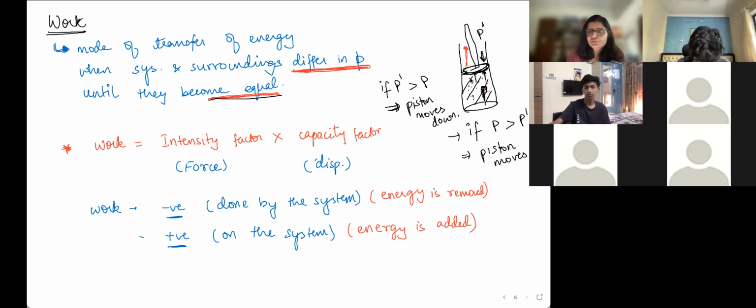To push, it needs to spend energy, right? Then it can transfer that kinetic energy to the piston and move it upwards. So the system is spending energy, meaning energy is removed from the system. You're taking energy out of the system; the system is losing energy. Understood. So that's why when work is done by the system, it's a negative value.